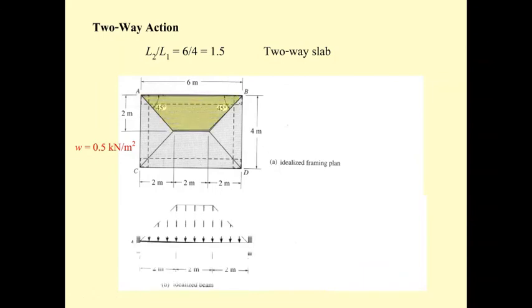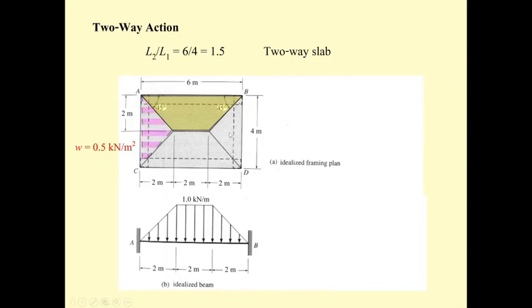Since the shape is like this, the shape of the loading is going to be like this. So where does 1 kilonewton come from? The force over here is 0.5 kilonewton per square meter, and the distance over here is 2 meters, so 2 times 0.5, you get 1.0 kilonewton per meter.